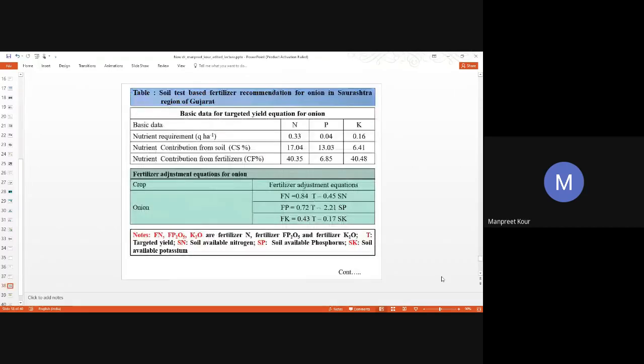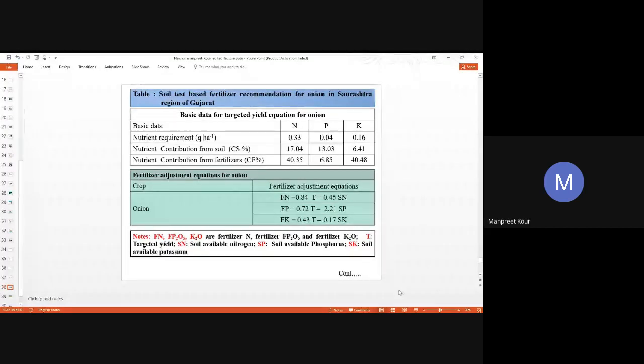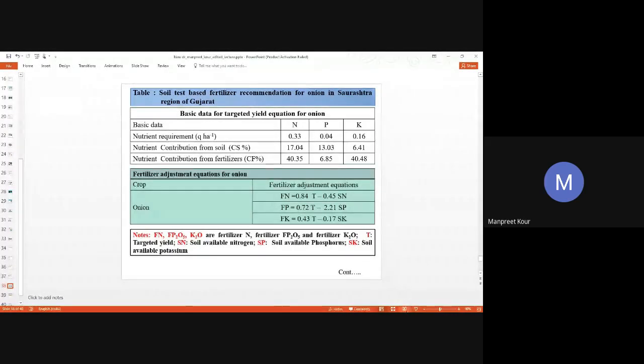Yes. This is another slide where onion crop is taken, and I have given three equations: fertilizer nitrogen, fertilizer phosphorus, and fertilizer potassium. Basic data is given, and the target yield is given. Whatever the target yield, we have to put the value of target yield here, and then we have SN meaning soil available nitrogen, SP meaning soil available phosphorus, and SK soil available potassium.